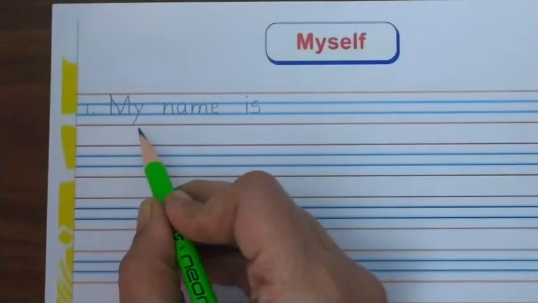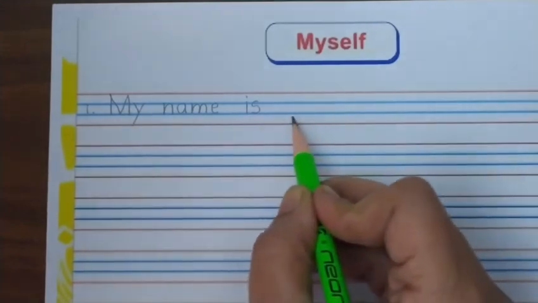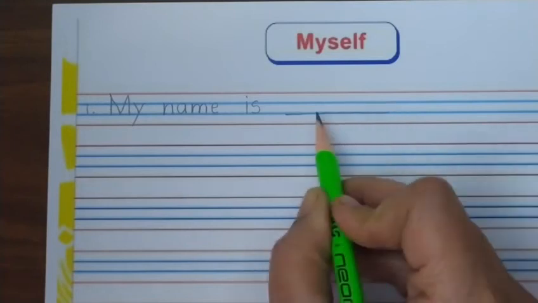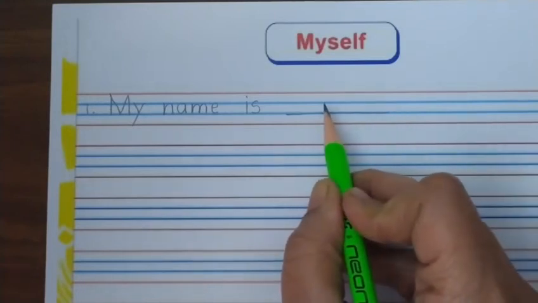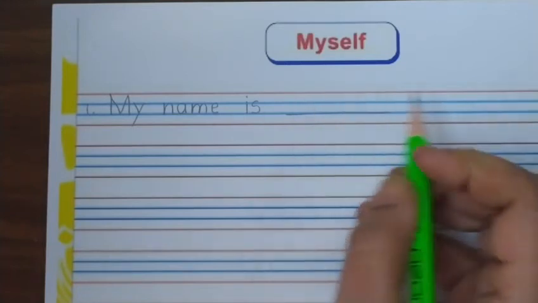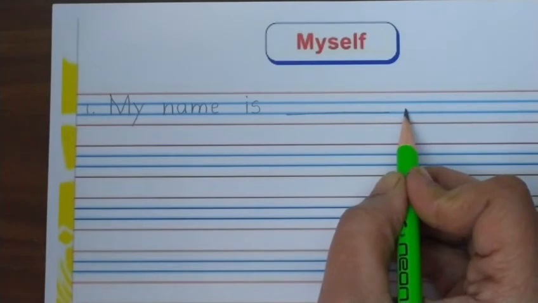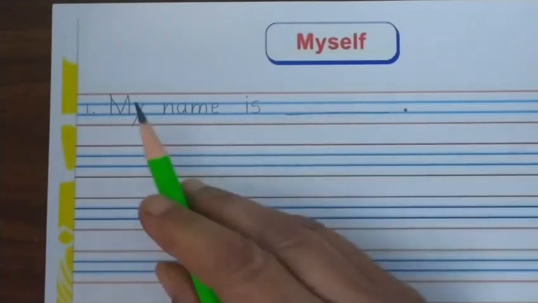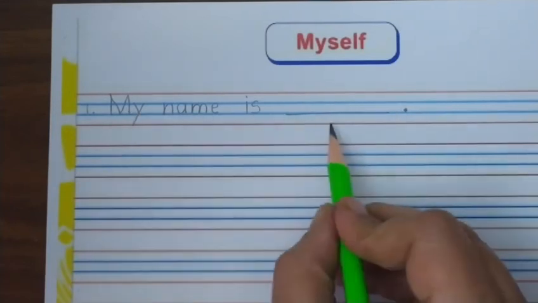Is. My name is. Now I am putting a dash over here. Here you have to write your name, and the first letter of your name should always be in capital. Now full stop. Always put a full stop when you end the sentence. My name is dash.